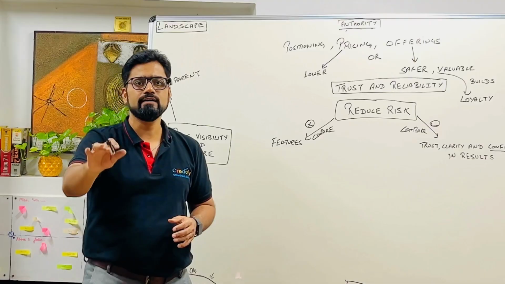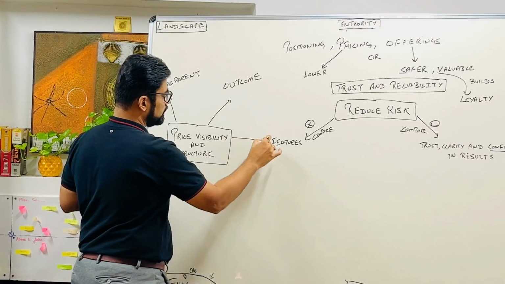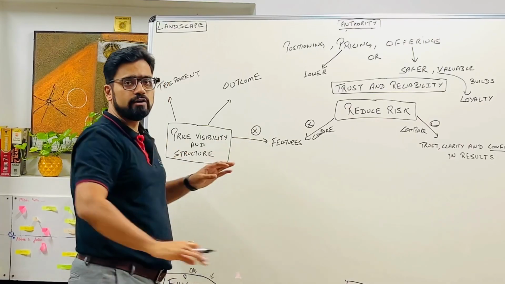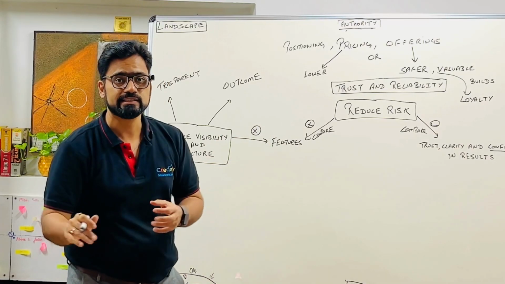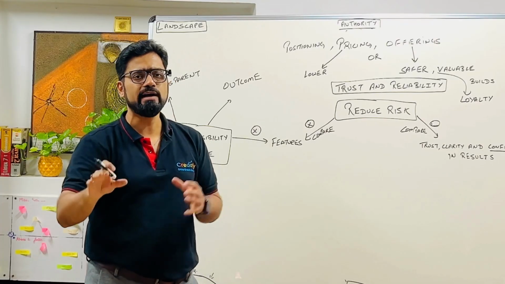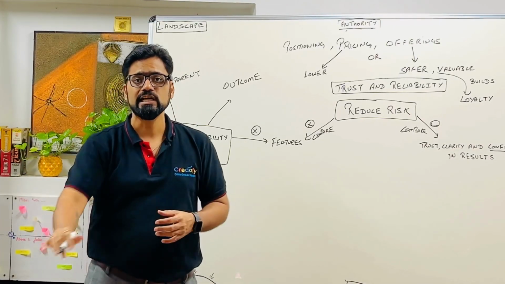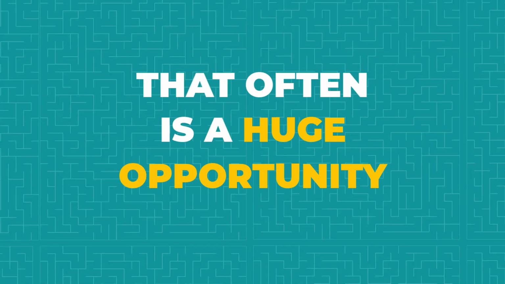Connect pricing tiers to the outcome and not just the features, like launch plan, go live in 30 days. And look for gaps in the market. Most competitors miss a solid mid-tier bridge offer between the low and high package. That often is a huge opportunity.